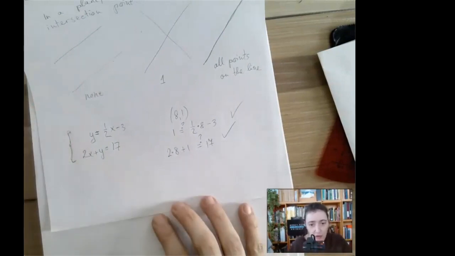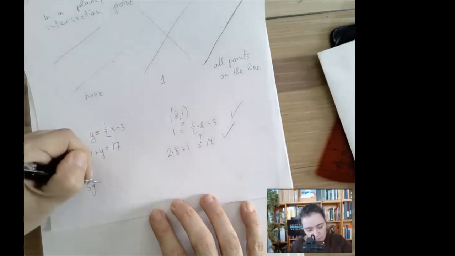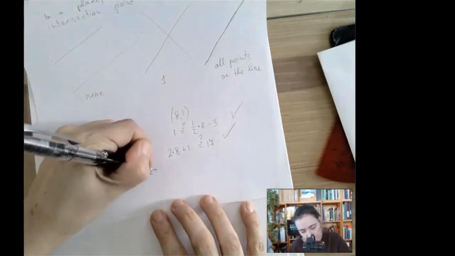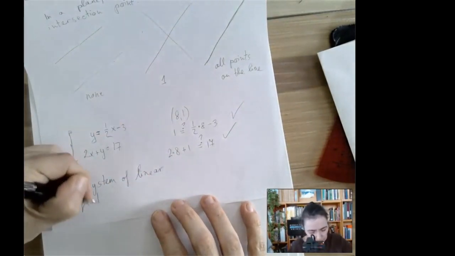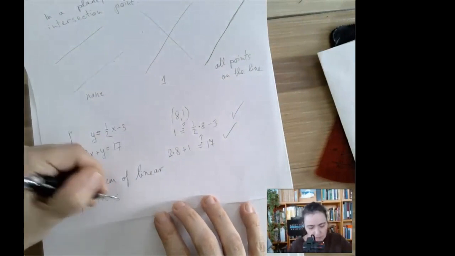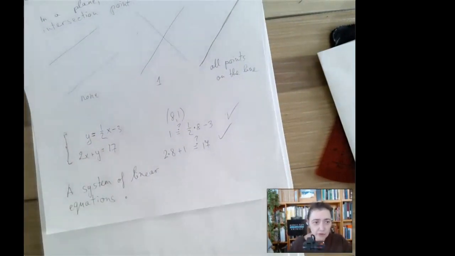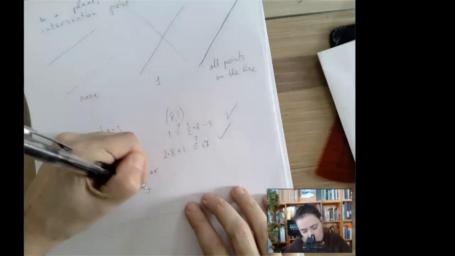And this is now algebraically what's called a system of linear equations. And a solution of a system is a pair of numbers that works with both equations. It's a simultaneous solution of both equations. That's the solution of the system.